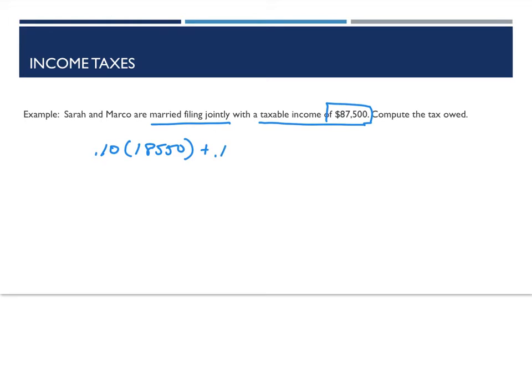Everybody who's married filing jointly pays 15% of $75,300 of their income. But they don't have to pay tax on the $18,550 twice. So we can subtract off the money that we've already paid taxes on.